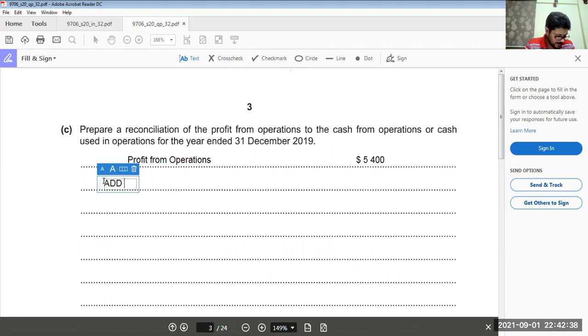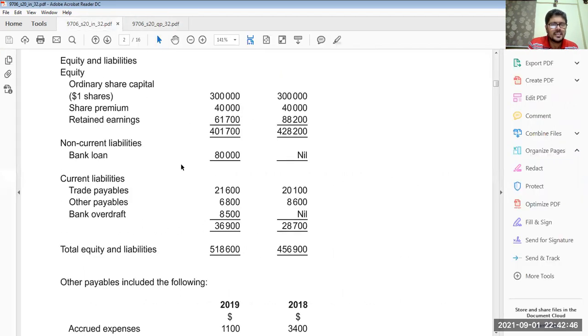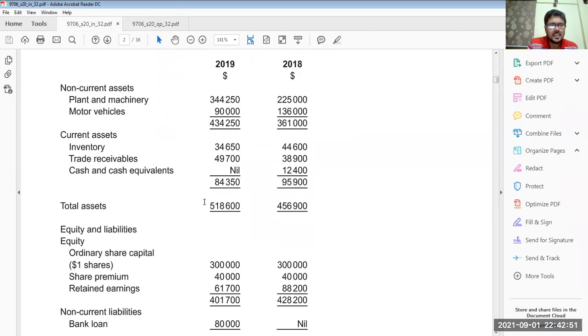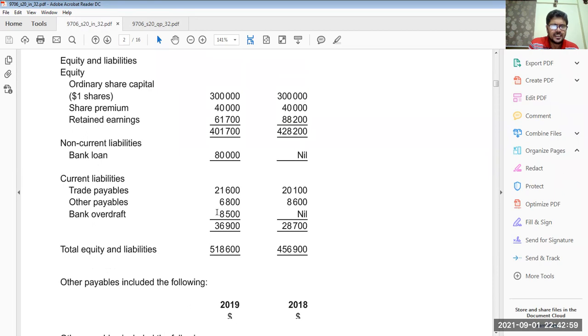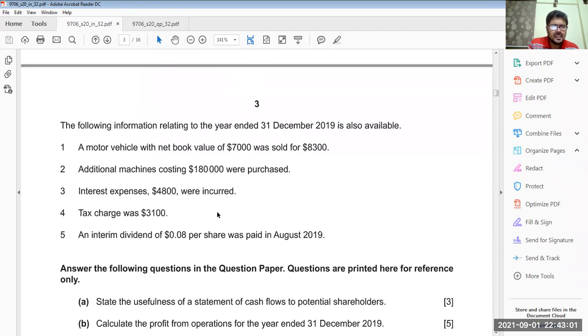we have to add depreciation. Depreciation on non-current assets. Now see, depreciation on non-current assets is like that. First, we have to calculate depreciation on plant and machinery. Plant and machinery at the start of the year is $225,000. Any changes in plant and machinery? Yes.